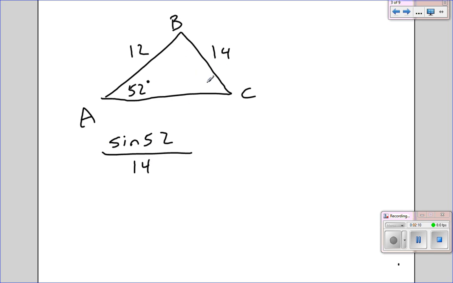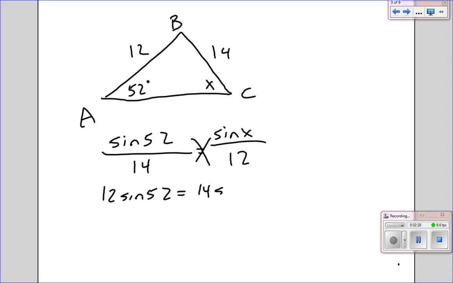And let's say we're trying to solve for x here. Equals sine x, because you don't know that angle, over 12, because that's the side opposite x. Now, of course, we cross multiply, so we get 12 sine 52 equals 14 sine x.